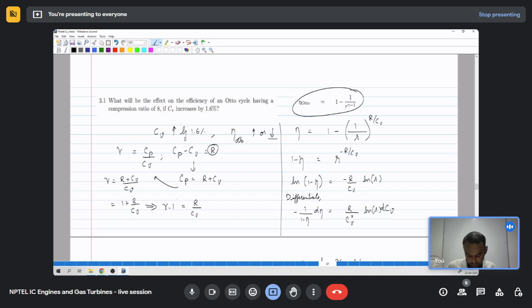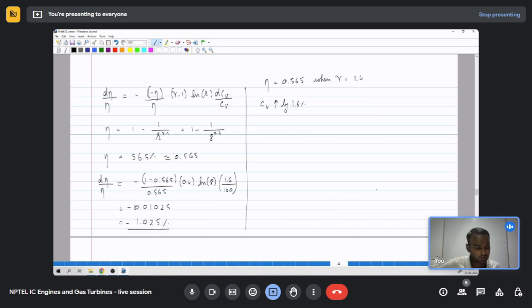I had this expression. Now earlier the value of CV will be 0.7, yeah 0.7, but it's better we do it precisely. So I think it is 0.717.